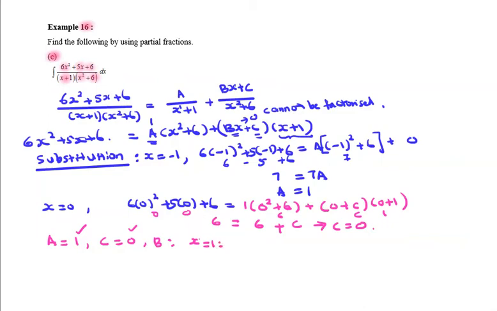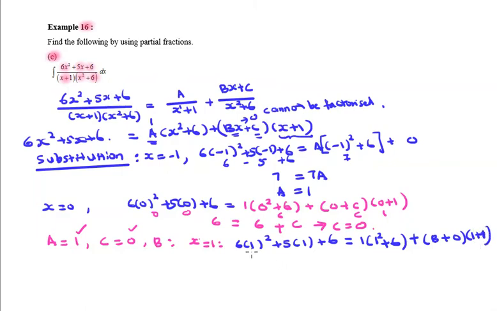So 6 times 1 plus 5 times 1 plus 6 equals a, substitute a as 1, times (1 squared plus 6), plus b times 1 is b, c is 0, times (1 plus 1).